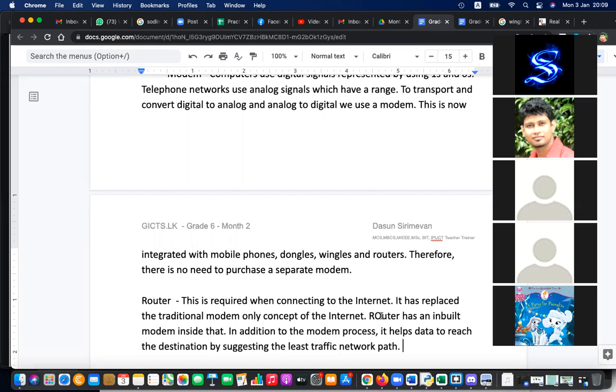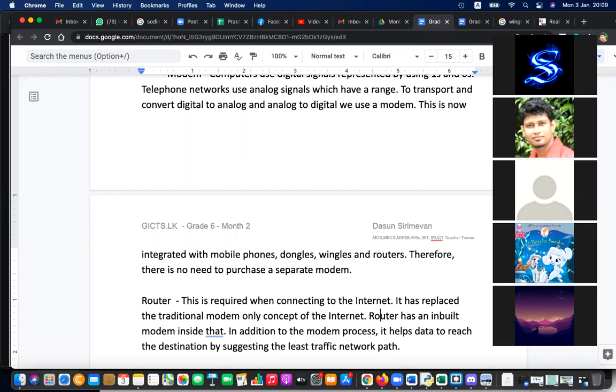It's like a traffic police. In a junction, if there's a traffic police, basically what is expected is to manage the traffic. If there is heavy traffic on a certain road, the traffic police must direct other vehicles to the least traffic path.